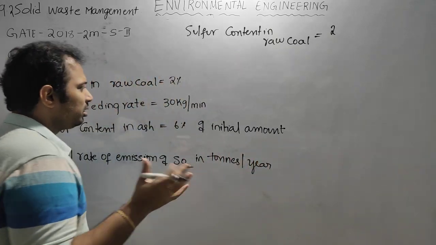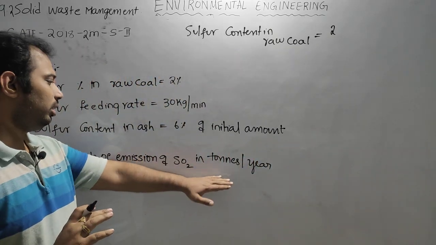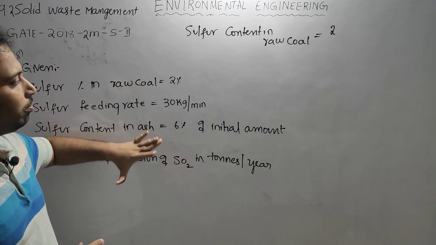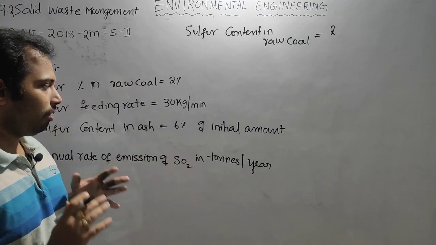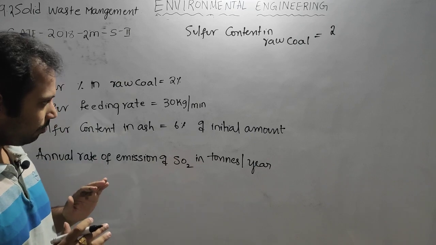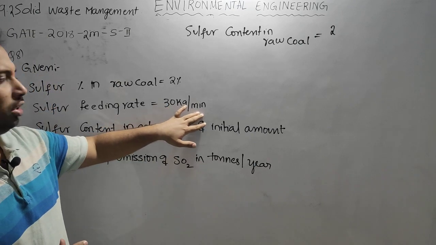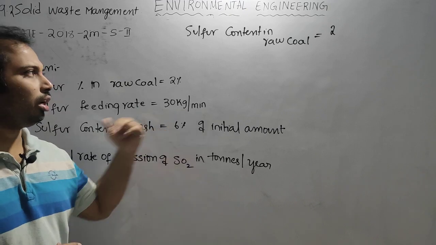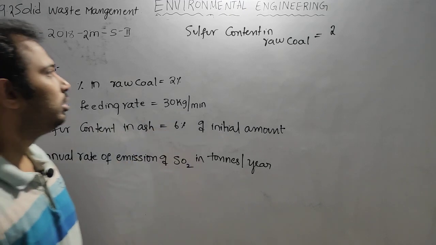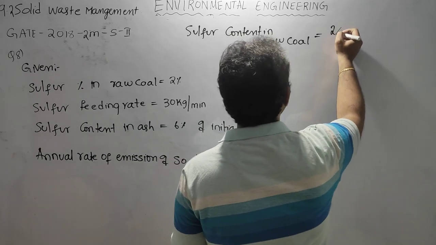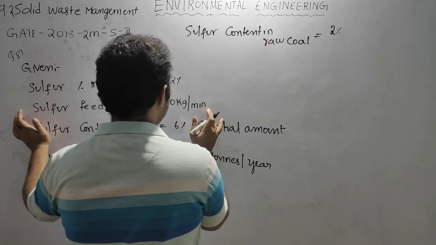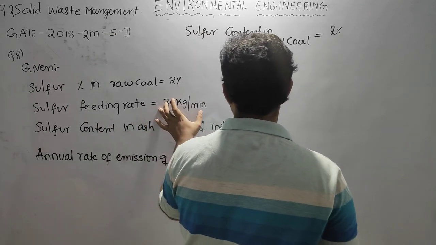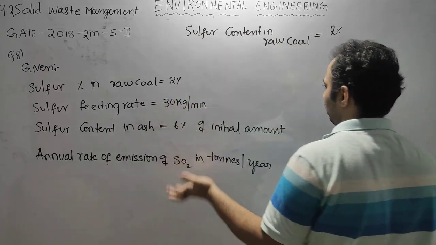Simple, very simple questions. I want this in ton per year. I want to convert with the given data; I have to extract a figure that is tons per year. So kg per minute can be converted into ton per year easily. How much sulfur is feeding into the kiln? If it is 30 kg per minute, then how much for a year?